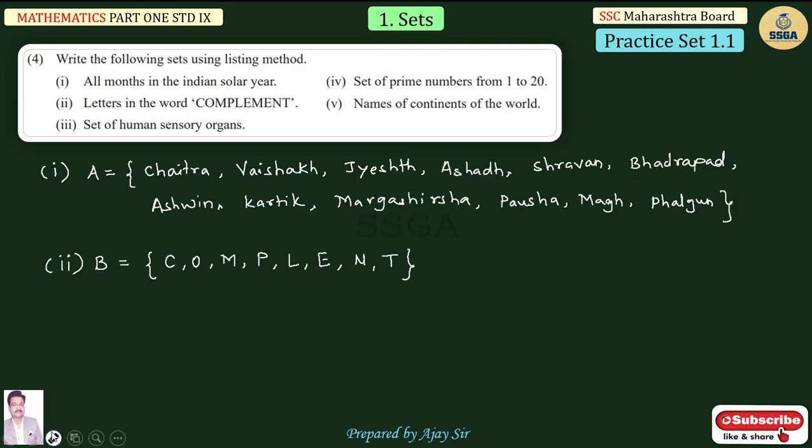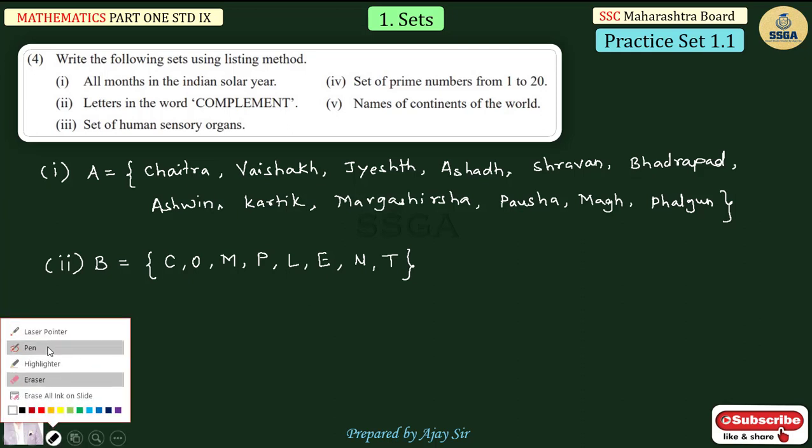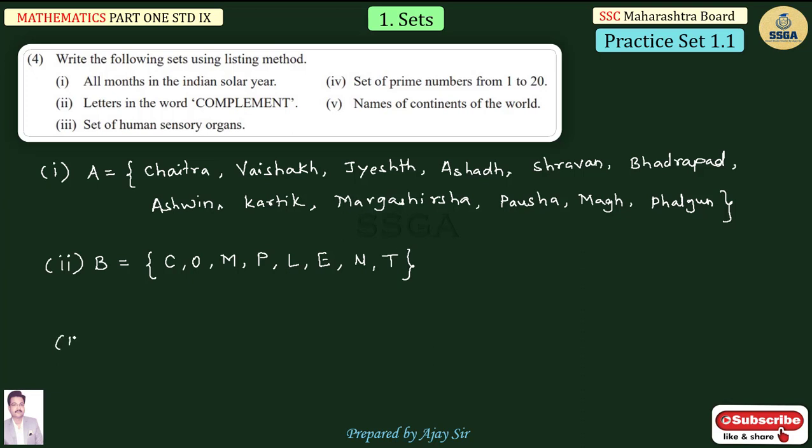Let us consider this set as set X. Human sensory organs: there are 5 sensory organs, that is nose, ears, eyes, tongue, skin. So these are all 5 sensory organs. Now let us move to the next question.